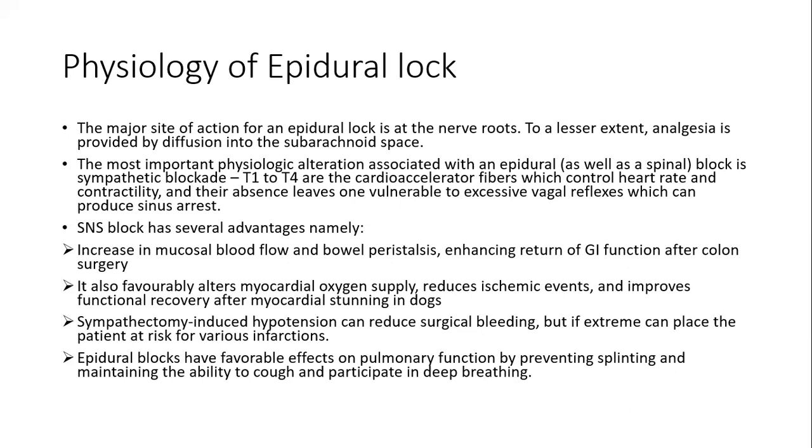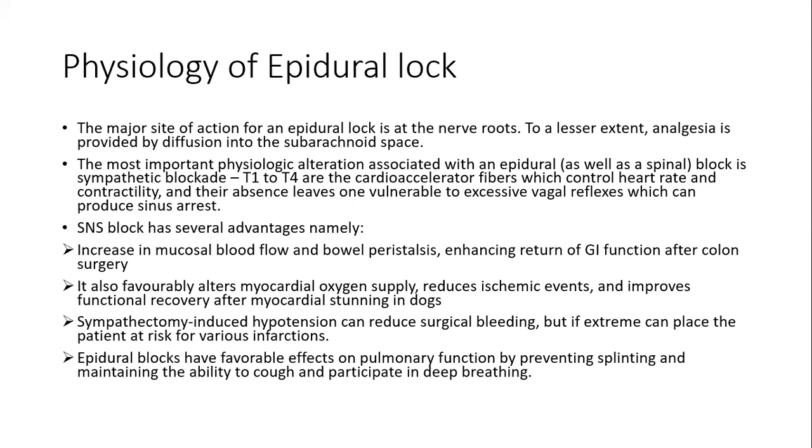It also favorably alters myocardial oxygen supply, reduces ischemic events, and it's been found to improve functional recovery after myocardial stunning in dogs. All right, sympathectomy-induced hypotension can reduce surgical bleeding. Okay, but be careful that it's not too excessive, because it can lead to visceral infarction.